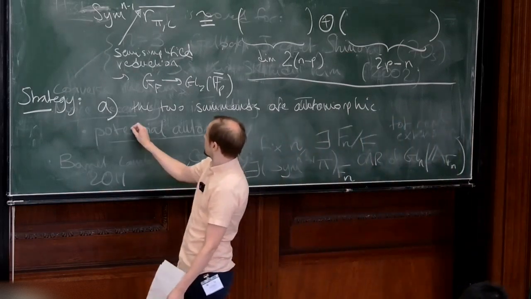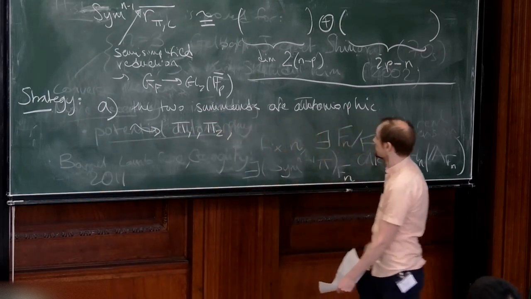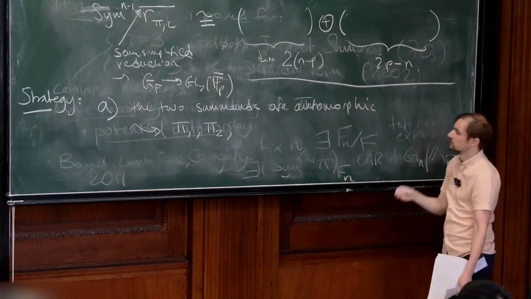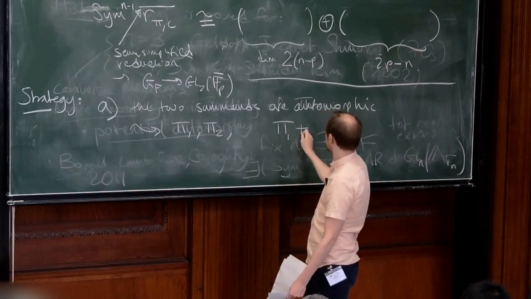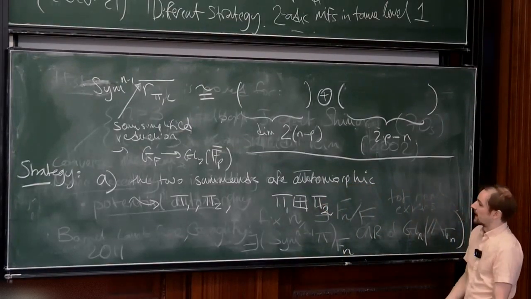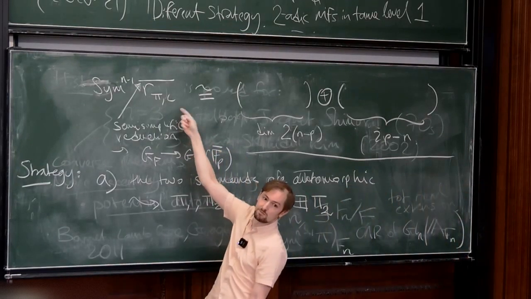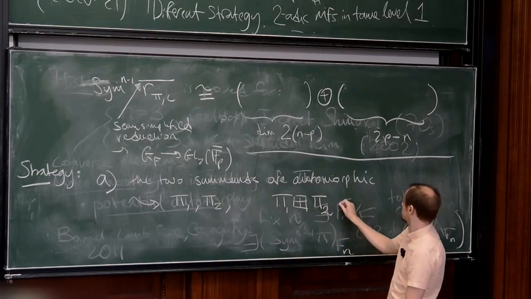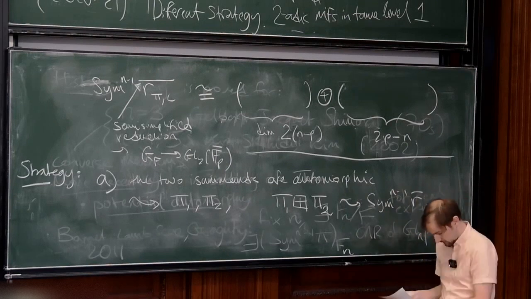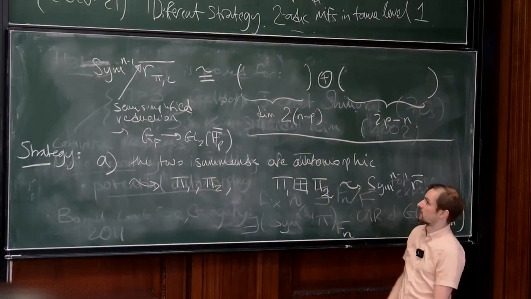So what that will do is give us two automorphic representations, one of GL_{2(n-p)}, one of GL_{2p-n}. So if I take the Langlands direct sum, I get a non-cuspidal automorphic representation whose mod p Galois representation matches this symmetric power. So that's good. We've got some kind of input. We've got some kind of congruence to an automorphic representation.